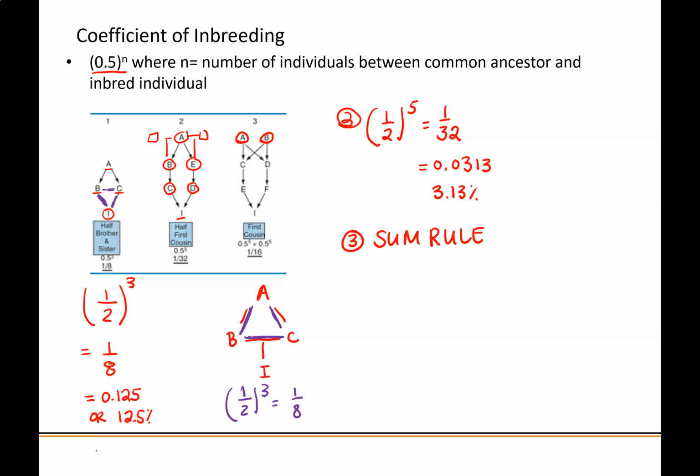So let's do our first root. I'm going to draw the links. If we go to individual A first, we have 1, 2, 3, 4, 5. So 1/2 raised to the 5. This is for person A. And then if we look at the other side, we've got 1, 2, 3, 4, 5 for person B. So 1/2 raised to the 5.